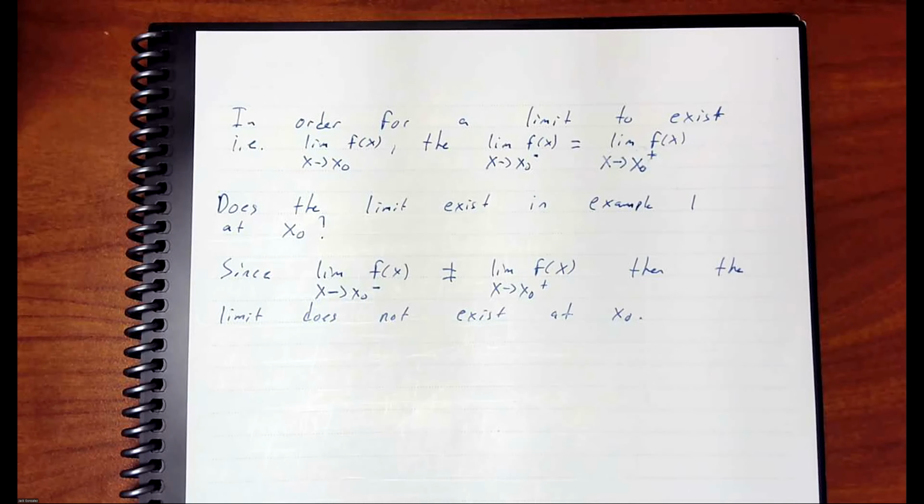Basically, the function is hinting at a value, so we can see it approaching something, but the function cannot accept the value, but we know it's technically going there.